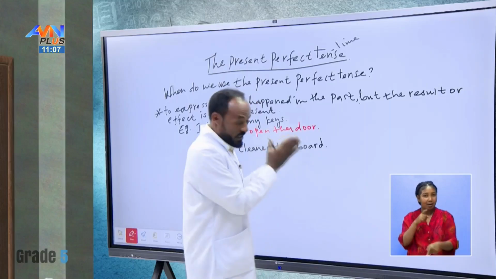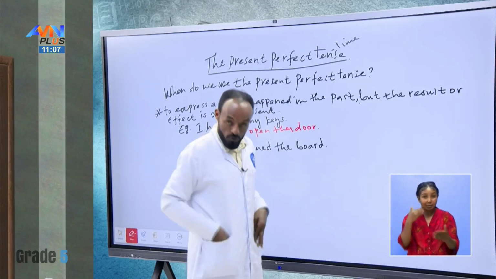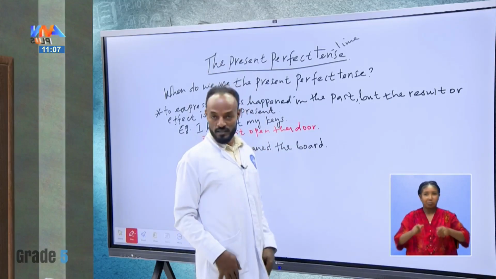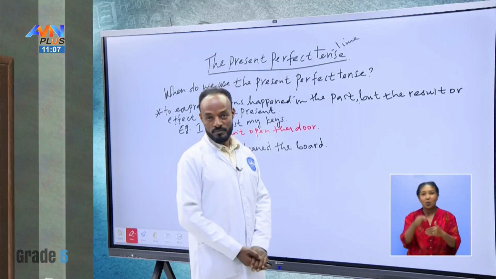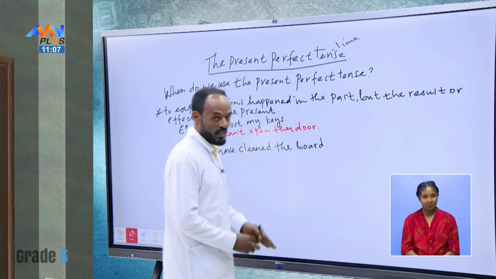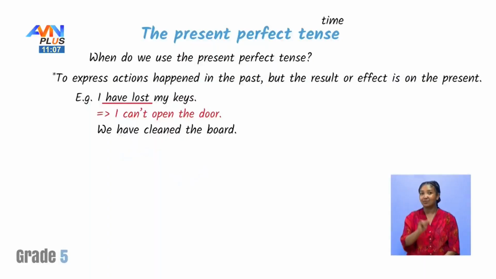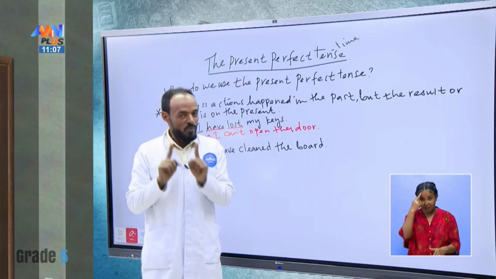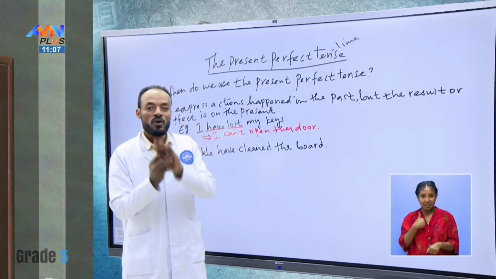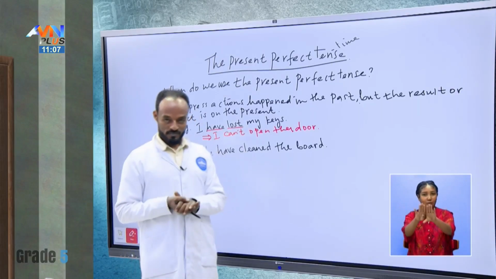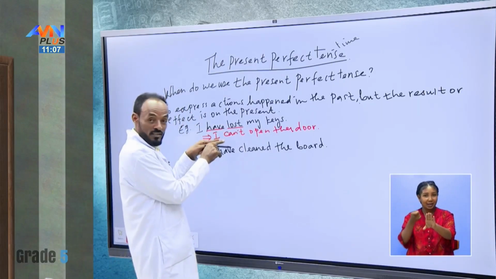When you have reached there, no keys in your pocket. So what could you do? Yes? We have to use such kinds of structure. I have lost. Because at the time of speaking, the door is what? Closed. Here is the result.